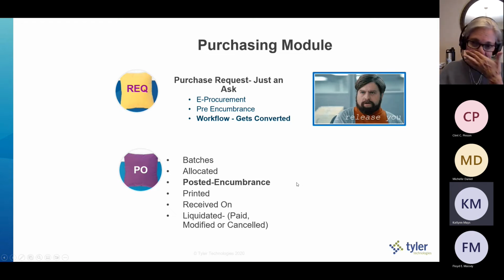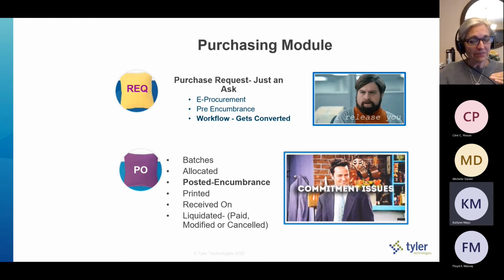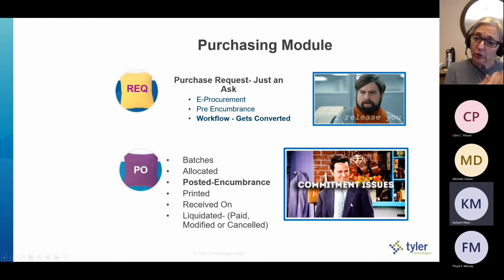That's the most important thing to remember, to release it so that it goes through that approval process. Once it's approved, it will automatically become a PO. It will then have commitment issues. You will be notified that it has become a purchase order as the originator of that purchase order, okay? And when you get notified, you can go and look at it in the process as well.